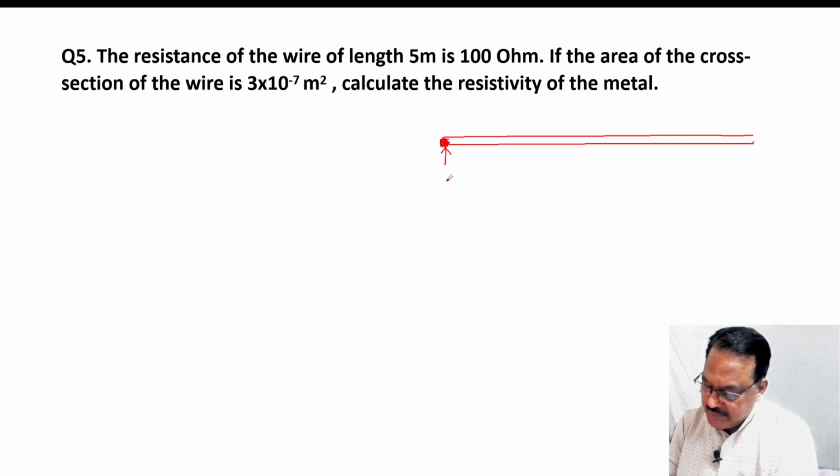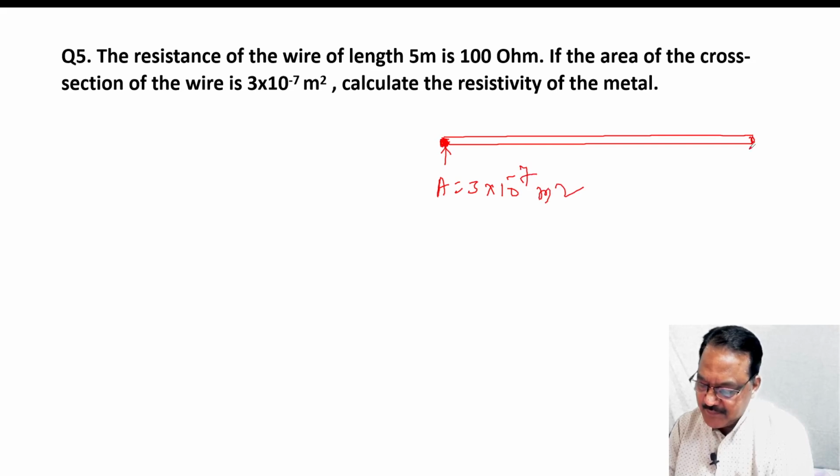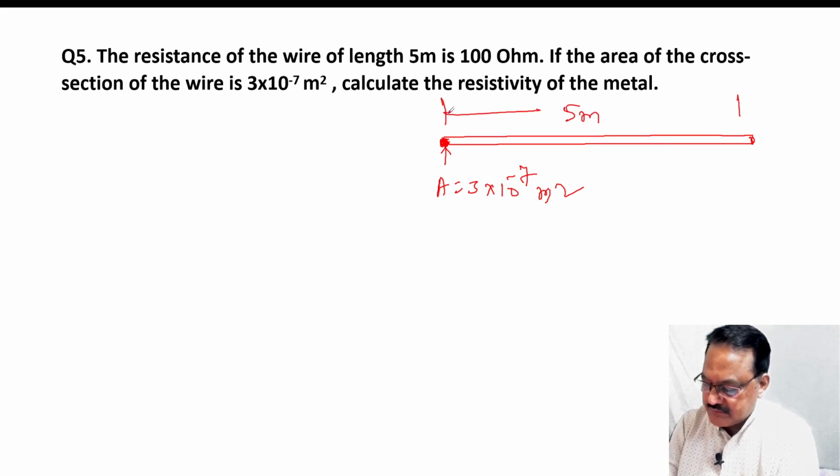Let us suppose the cross section area is denoted by A. So A is given here 3 into 10 to the power minus 7 meter square. And now what is the length of this wire or conductor? You can say this is 5 meter, the length of this conductor.